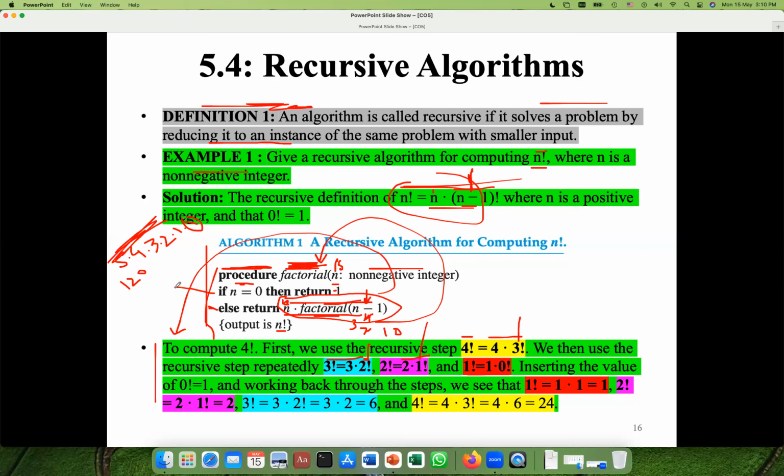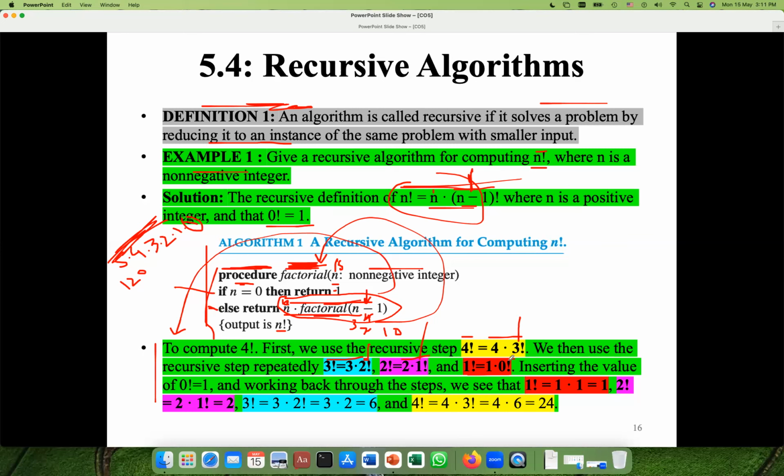When your problem reaches here, the result will be returned, and it will be given to all the other calls that you have. So here, now 0 factorial. What is the 0 factorial? 0 factorial is always 1. So when it is 0, return 1 will be given.